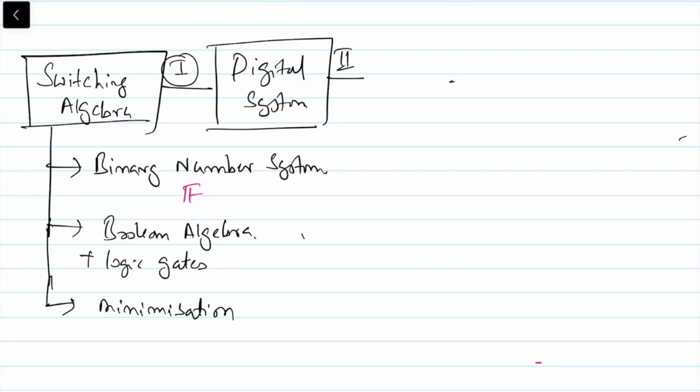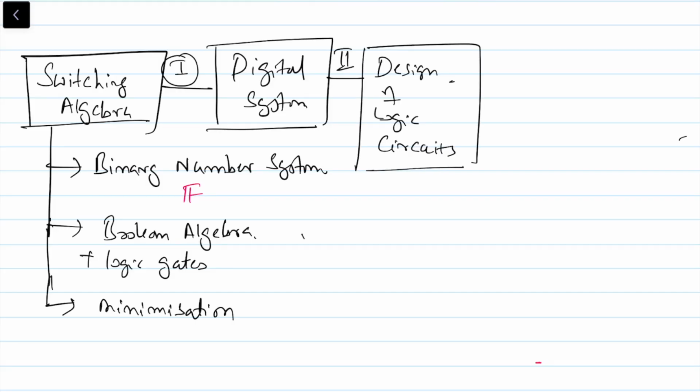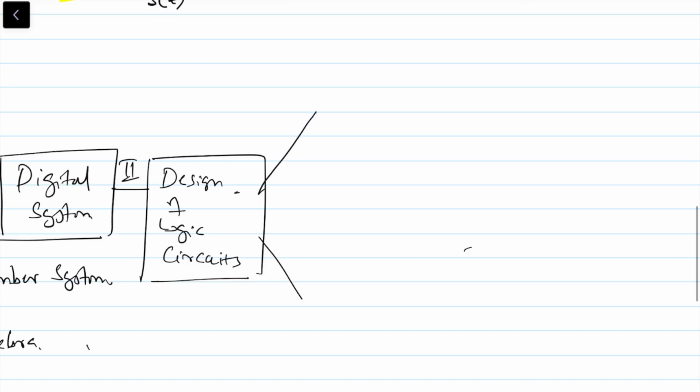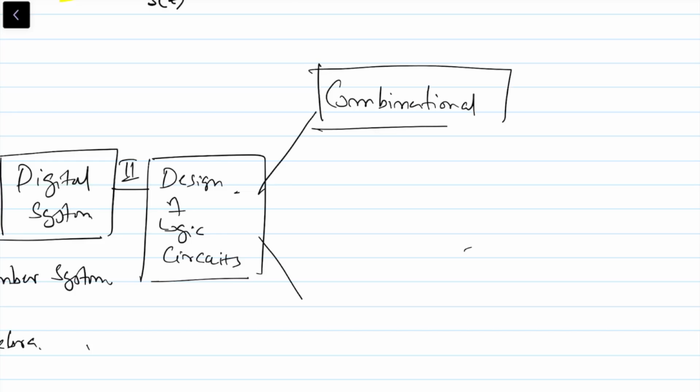In part 2, we'll mainly do the design of logic circuits. Especially, we will study 2 types of logic circuits, namely combinational logic circuits, that represent a function of the kind y equals f(x).